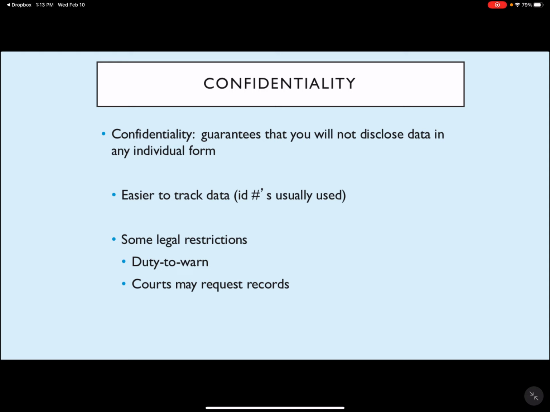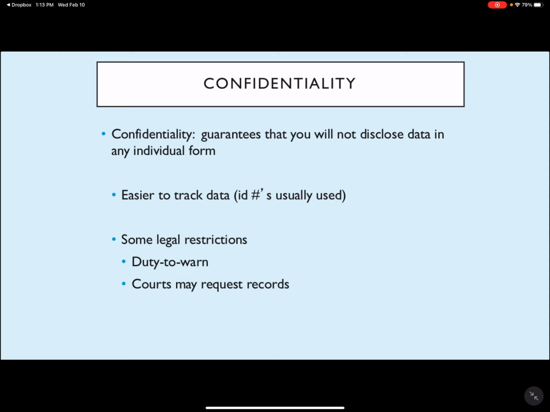In most cases, and if you take an ethics class in graduate school, you'll talk about that a lot, but in some cases, your ethical duty, which is never to betray the confidence of your participants or clients, sometimes that ethical duty clashes with your legal responsibilities.